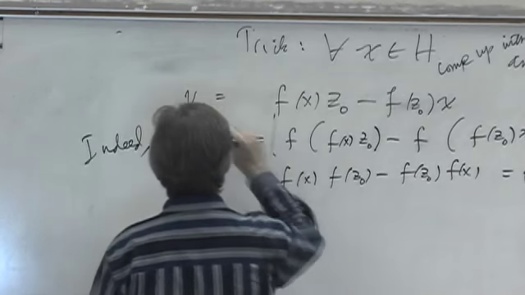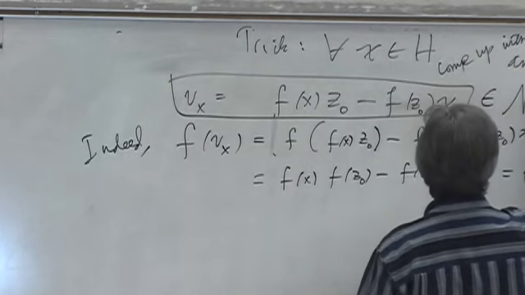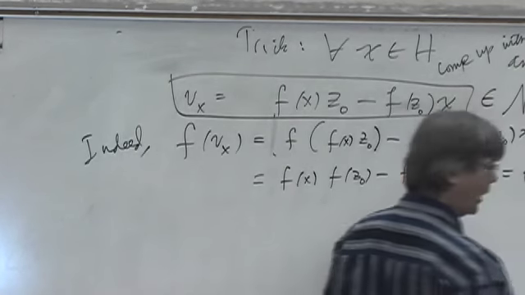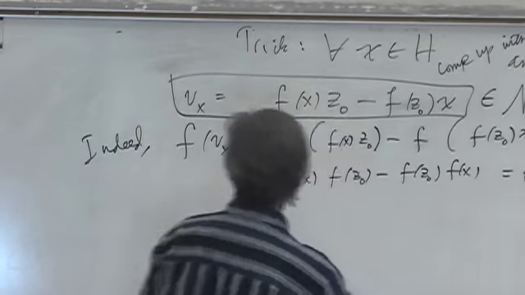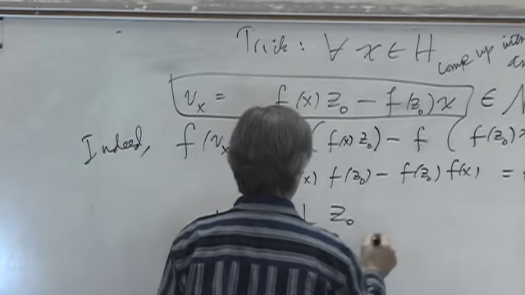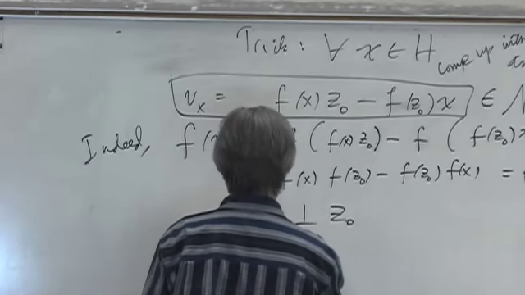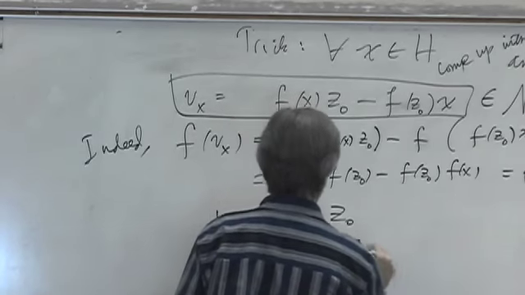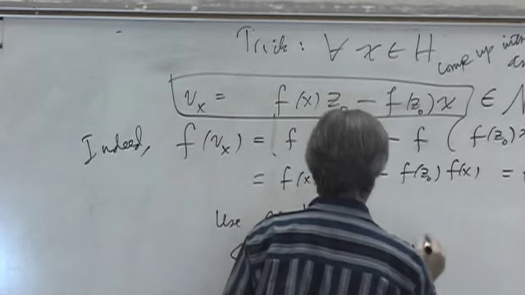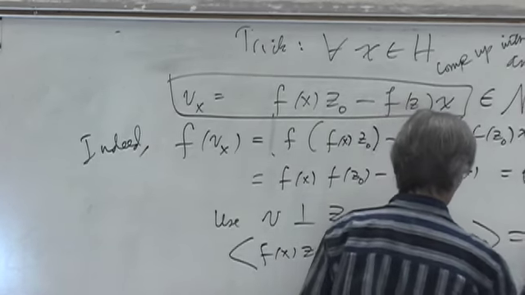Since this is there, then I have this v. It is in the null space. Therefore, it's orthogonal to z naught. Okay. Use that v is perpendicular to z naught, and see then that f of x z naught minus f of z naught x, inner product with z naught, is equal to 0.